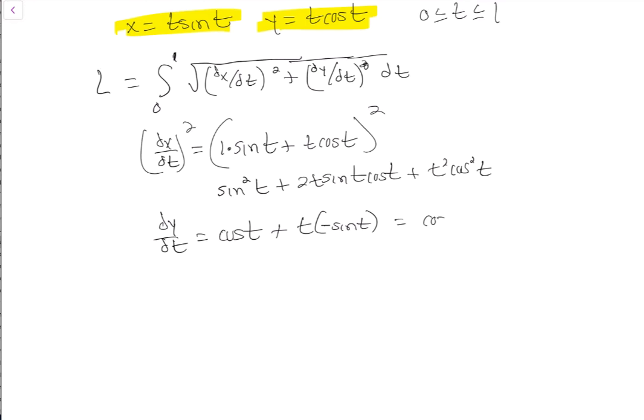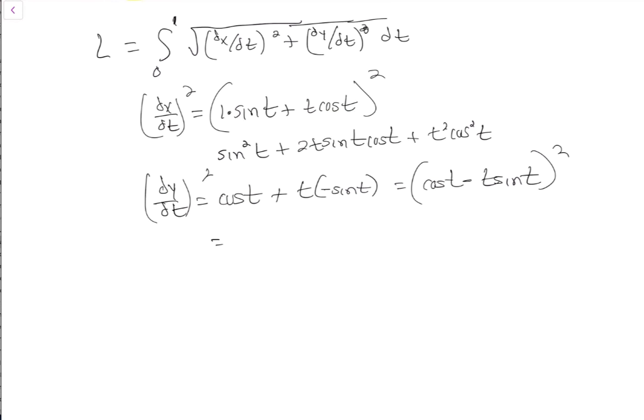And so what do I got there? Cosine t minus t sine t, right? And then if I square that result, I'm squaring a binomial, so that's going to be square the first, multiply the 2 and double. Oh, looks like I'm going to get some nice stuff canceling out here, and then square the last.